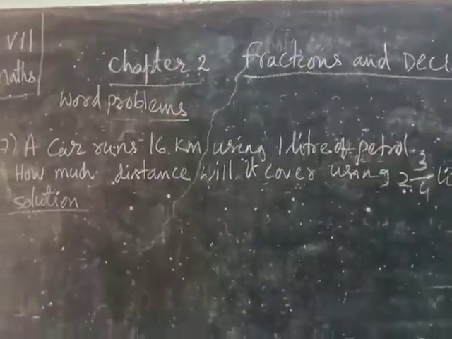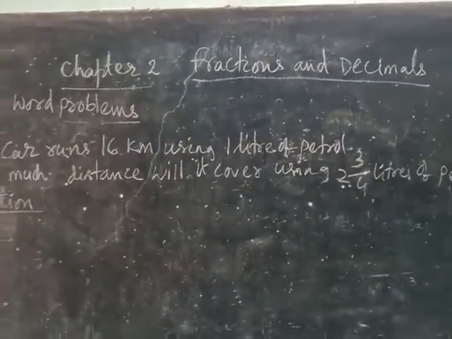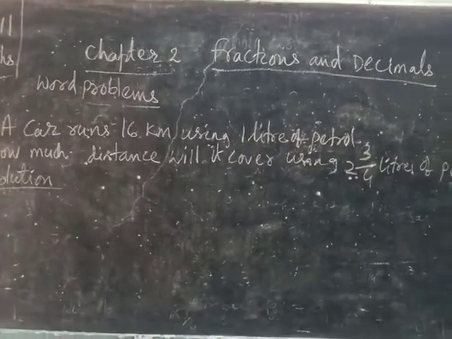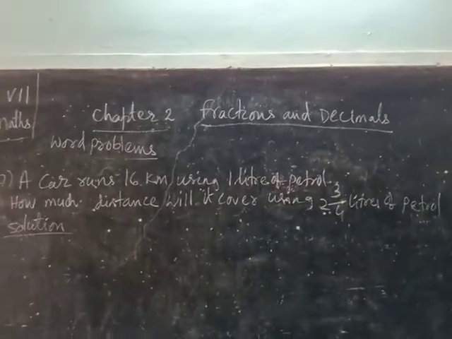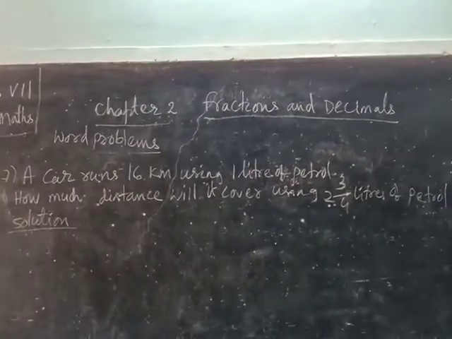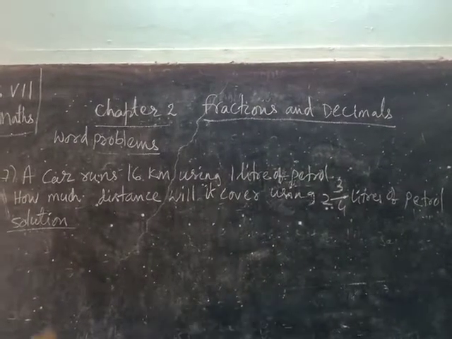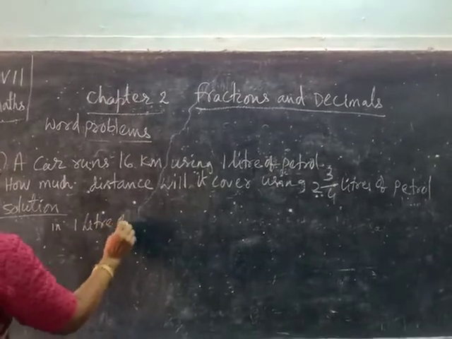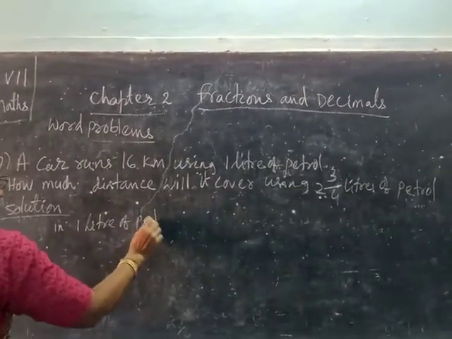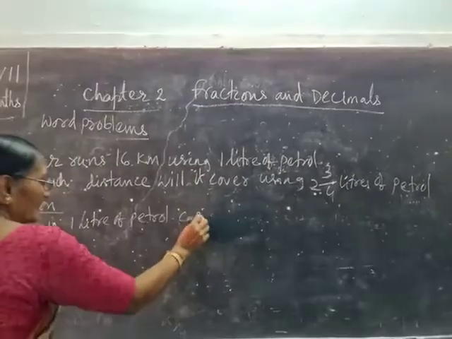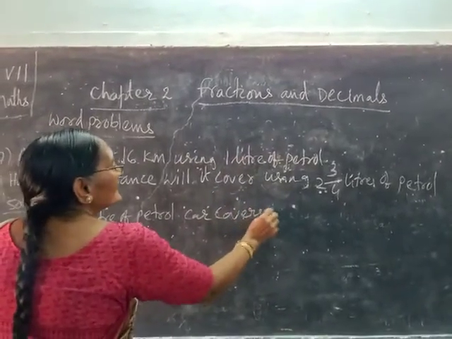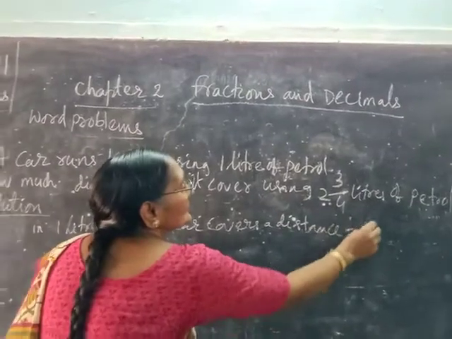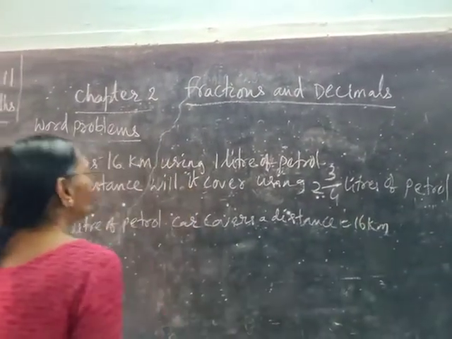Next, another problem is there, that is question number 7. A car runs 16 km using 1 liter of petrol. How much distance will it cover using 2 3/4 liters of petrol? Then what solution do you write? In 1 liter of petrol the car covers a distance equal to 16 kilometers.